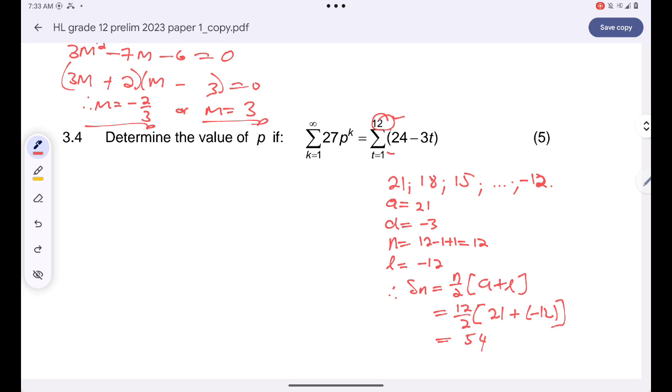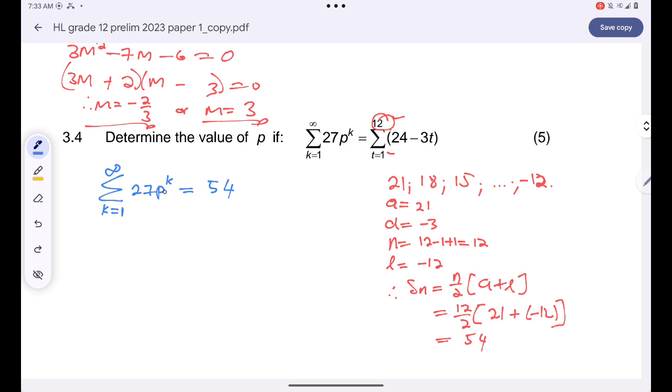So now I know that this sigma over here, 27 p to the power k, is equal to 54. That sigma over there is equal to 54, guys. So sum to infinity is basically equal to 54. All I have to do is to find the values of A and R. How can I find the value of A?